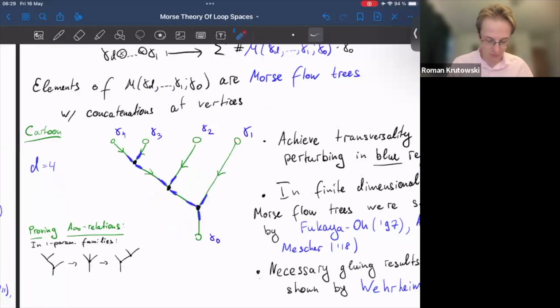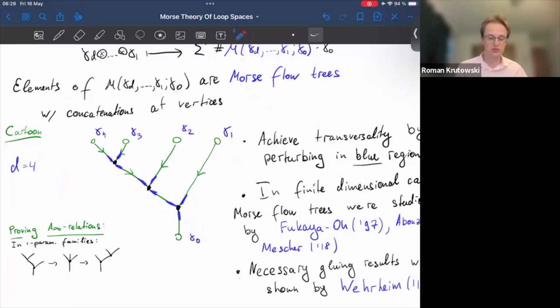So one non-trivial gluing in a one parameter family looks like this. In general, in zero-dimensional spaces, you would only see binary trees, but when you go to one-dimensional manifolds here, you may see trees like this, and there could be a one parameter family going from this tree to this tree, so one needs to work out a gluing like this.